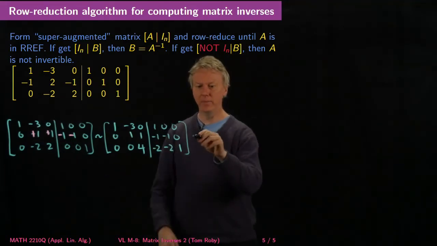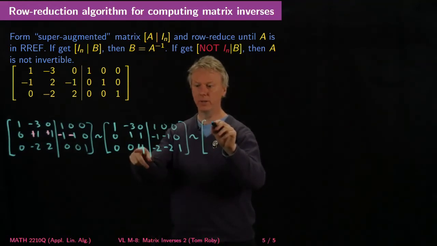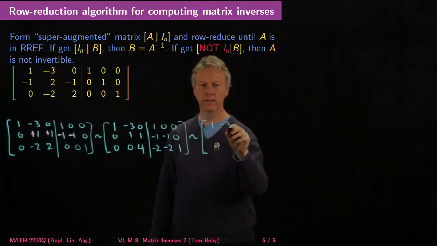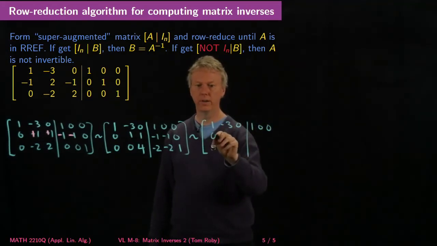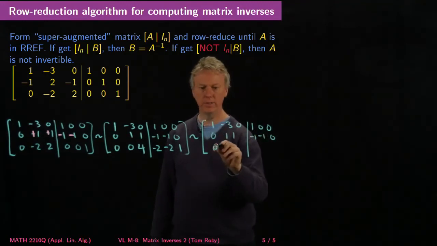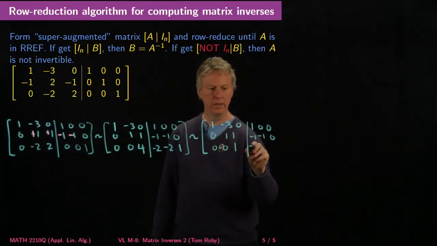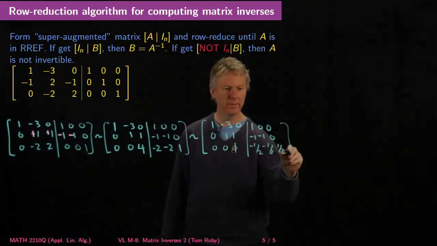Well, I think I'm going to do a better job of it if I just bite the bullet and go with the fractions. And sometimes you get fractions in these things. So the next thing I'm going to do is rescale this guy. So nothing will change here. But here I'll have 0, 0, 1, negative 1/2, negative 1/2, 1/2.